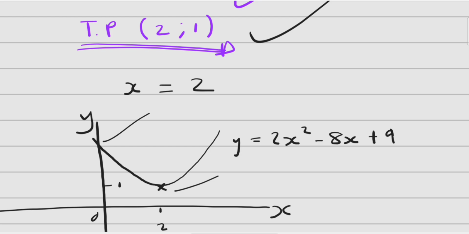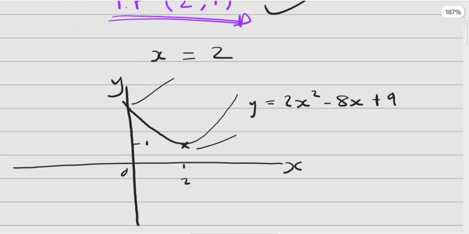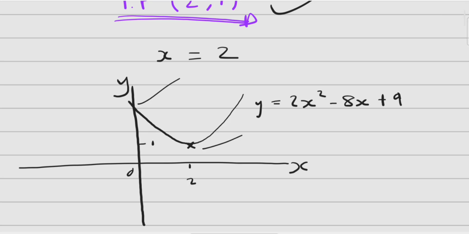But if it's 1 mark, please just put the turning point and the general shape, right? And now from here, we know a line of symmetry will be that line that divides our graph into two similar parts, right?